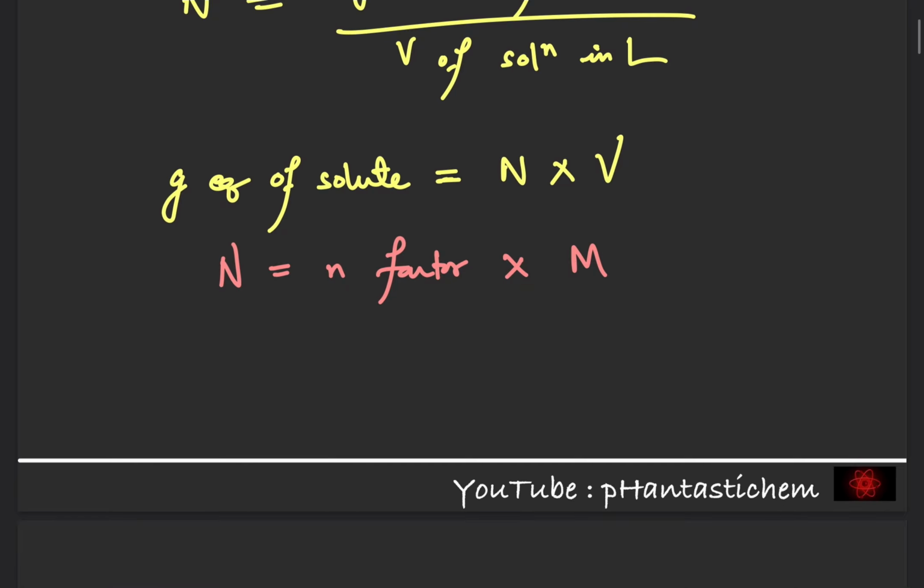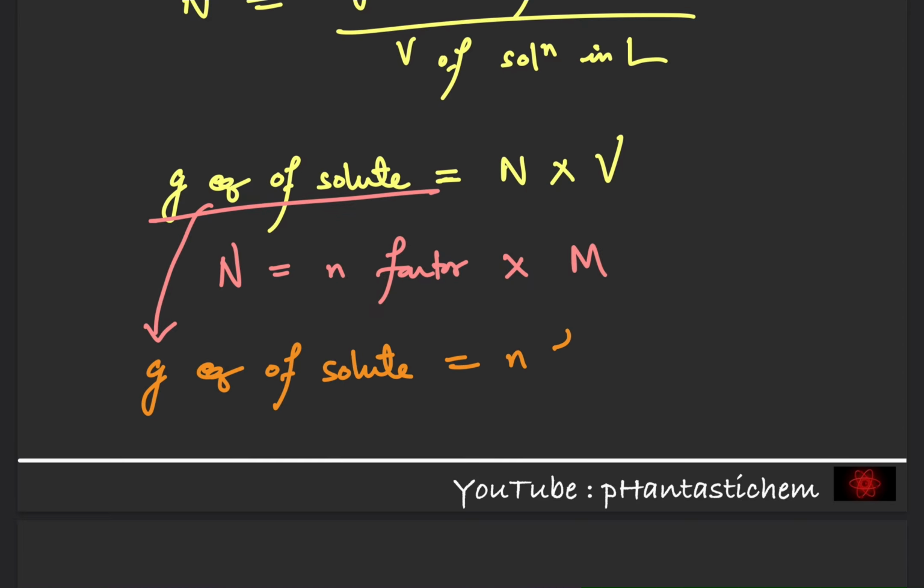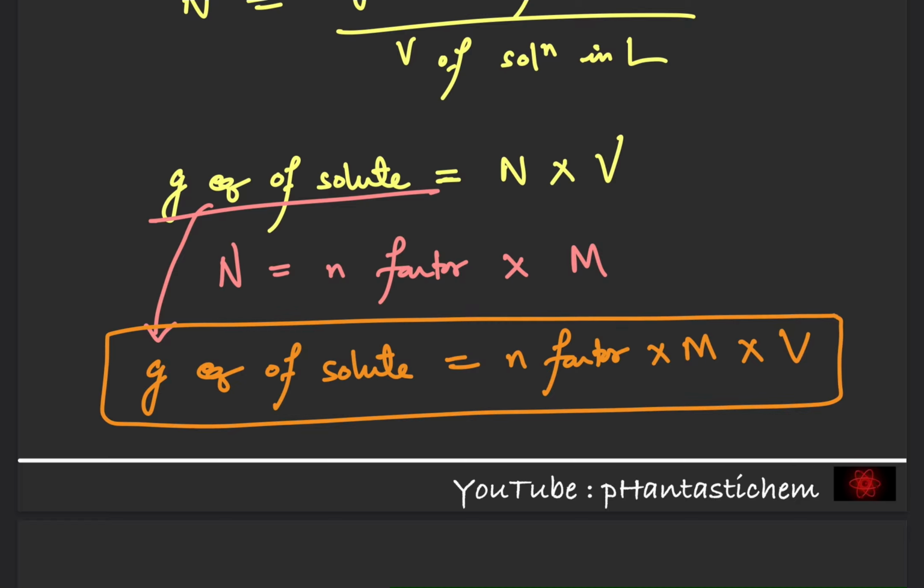So gram equivalence of solute will be equal to n factor into molarity into volume. This is the formula that we are going to use.